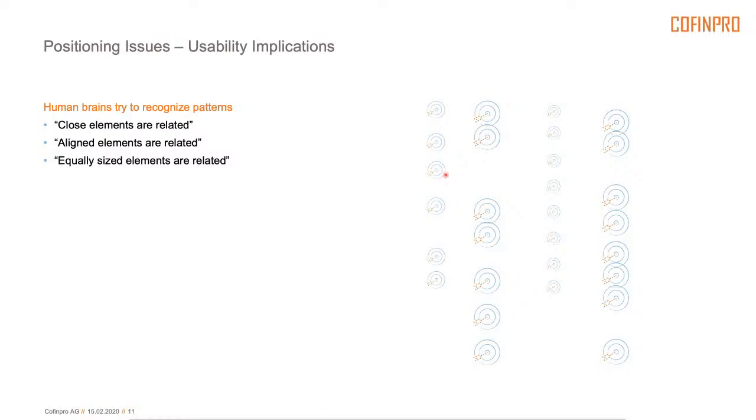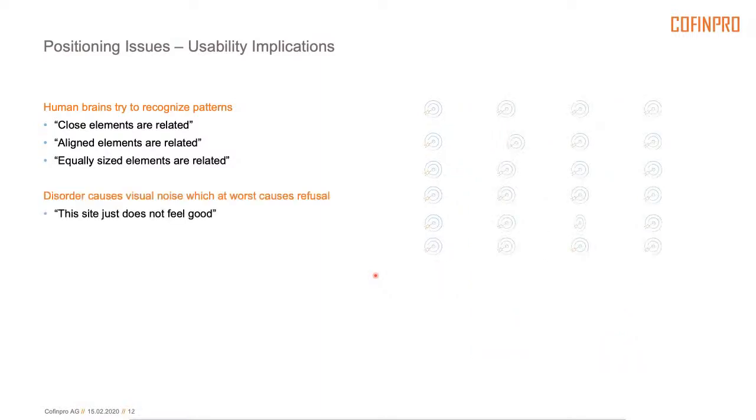Also, the equality in the size of these icons is often a pattern, so that you think, okay, why do these icons, for example, have all the same size? There must be something to it. That's how our human brain works. And if we do not build a website according to how our brain works, then we cause something that's called visual noise. And visual noise is something that you can see on the right.